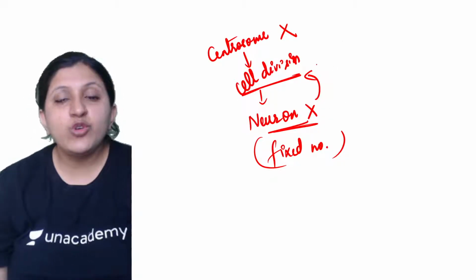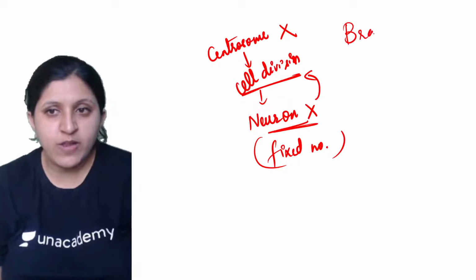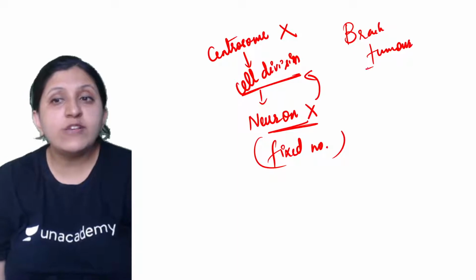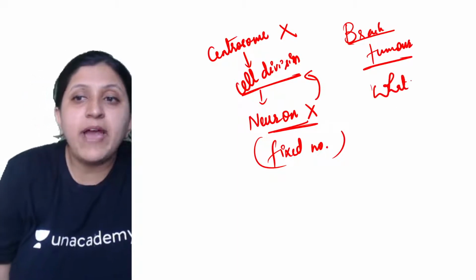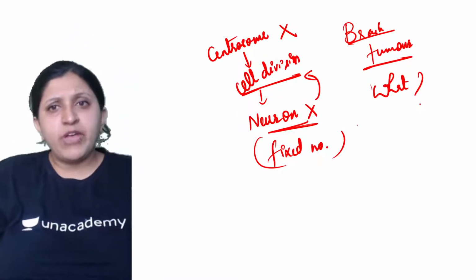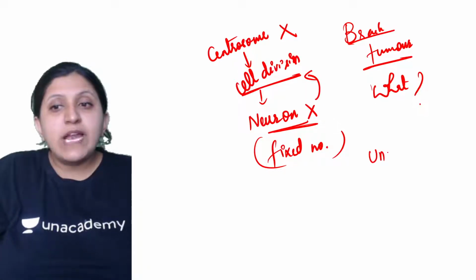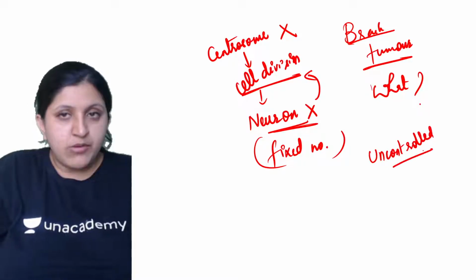But again, you might have heard about brain tumor and all. Okay, so there is a brain tumor. So if the neuron has lost the capacity to divide, what exactly is dividing? Because when we mention a tumor or a cancer, uncontrolled cell division is the definition which we describe.